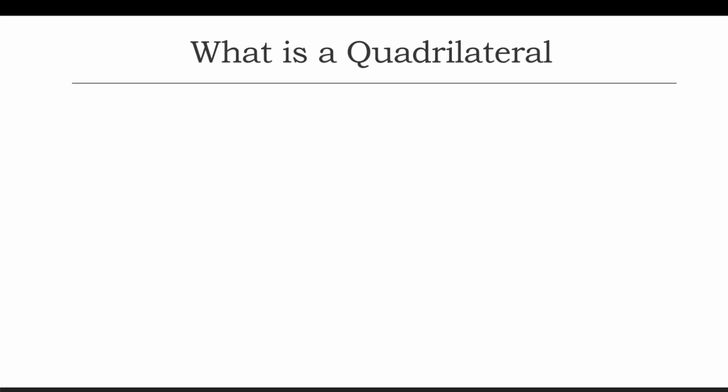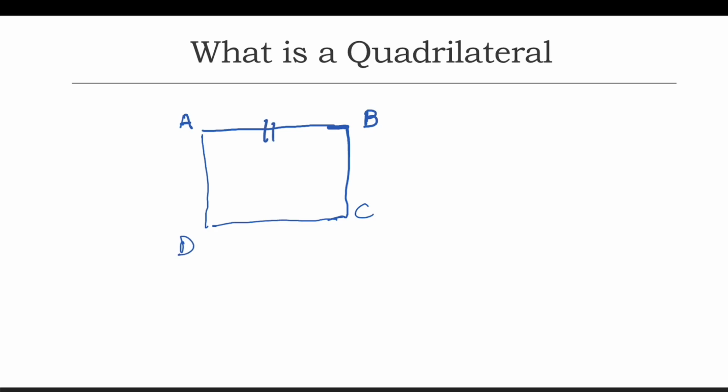There could be another one. What is that type? In that one, all four sides are equal. So it's a rhombus, which basically means opposite sides are parallel to each other. All four sides are equal.